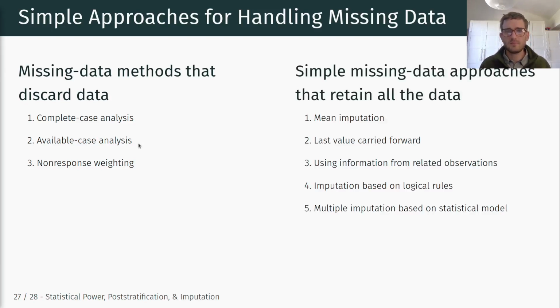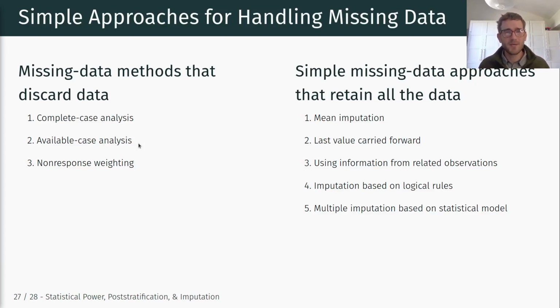Okay. Then there are a couple of different approaches that retain all the data. Okay, and the first four are basic, simple approaches, and the last one is multiple imputation, which we're going to talk about in a little bit more detail. Okay, the first one is mean imputation.